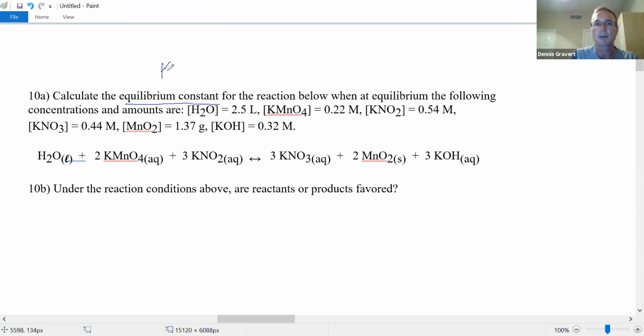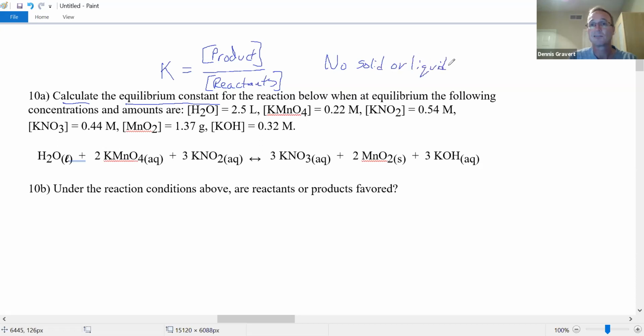That's symbolized with a capital letter K. And the way you calculate it is you put the concentration of the products up on top divided by the concentration of the reactants. And if any of these show up with a solid or a liquid, they don't count. So no solids or liquids in your calculation.